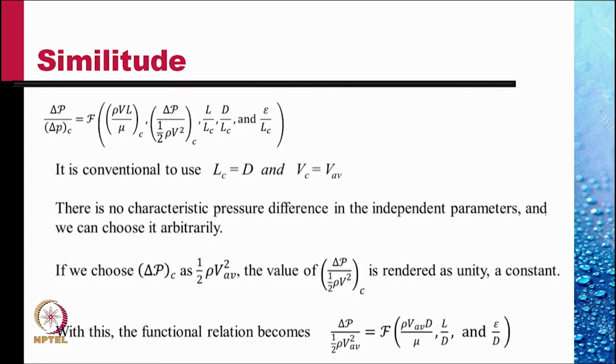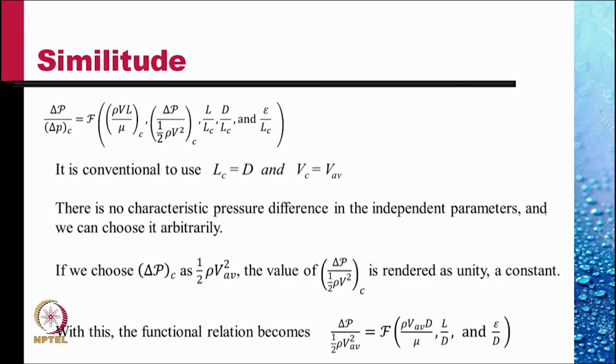It is convenient to use the diameter of the pipe as the characteristic length in these problems. And we use the average velocity of the fluid through the pipe as the characteristic velocity. There is no characteristic difference in the pressure in the independent parameters, and so we can choose it arbitrarily.